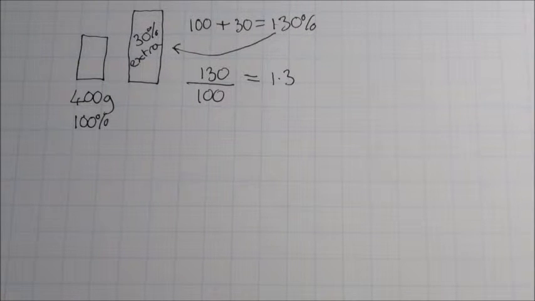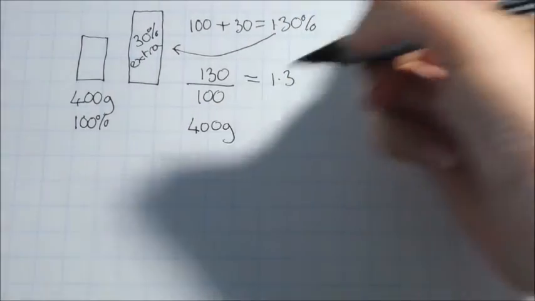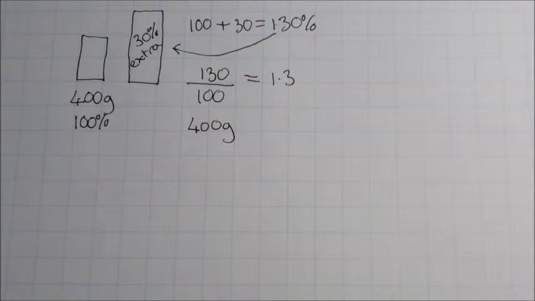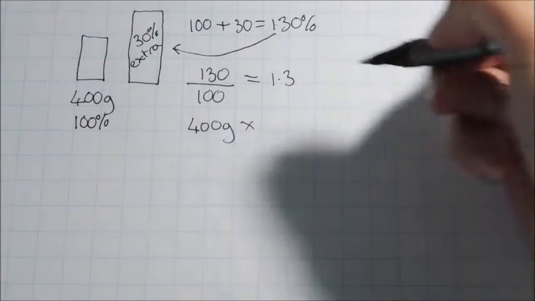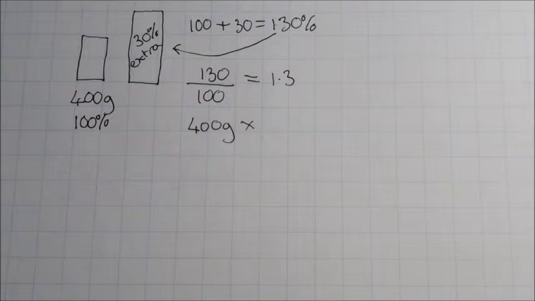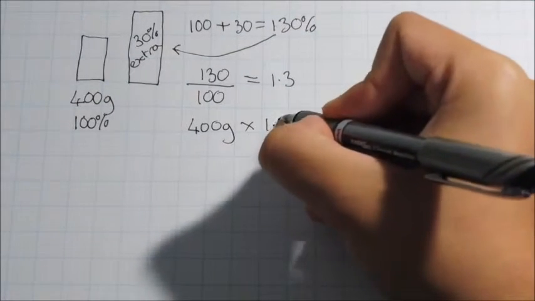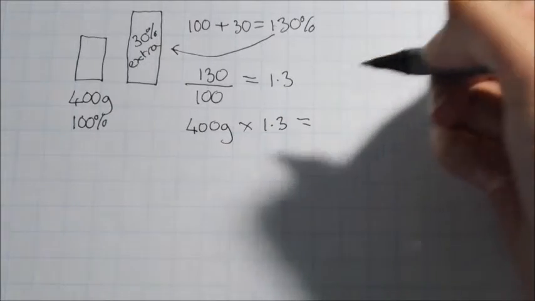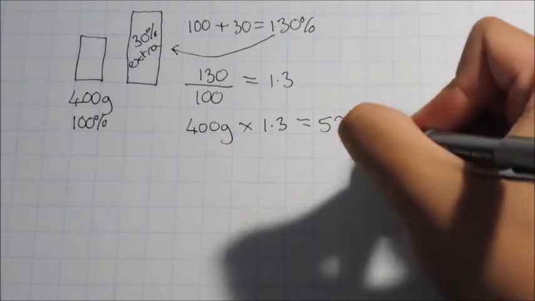So if we've got 400 grams in our last box of cereal, and our multiplier is 1.3, the idea of it being a multiplier should give you some kind of indication that you need to times it. So you're timesing 400 grams by 1.3. And when you work this out, it'll give you 520 grams.